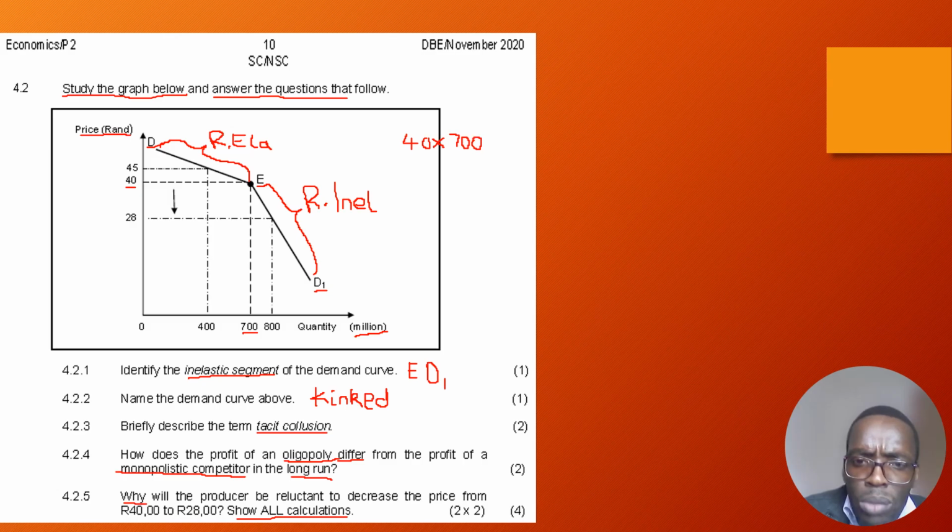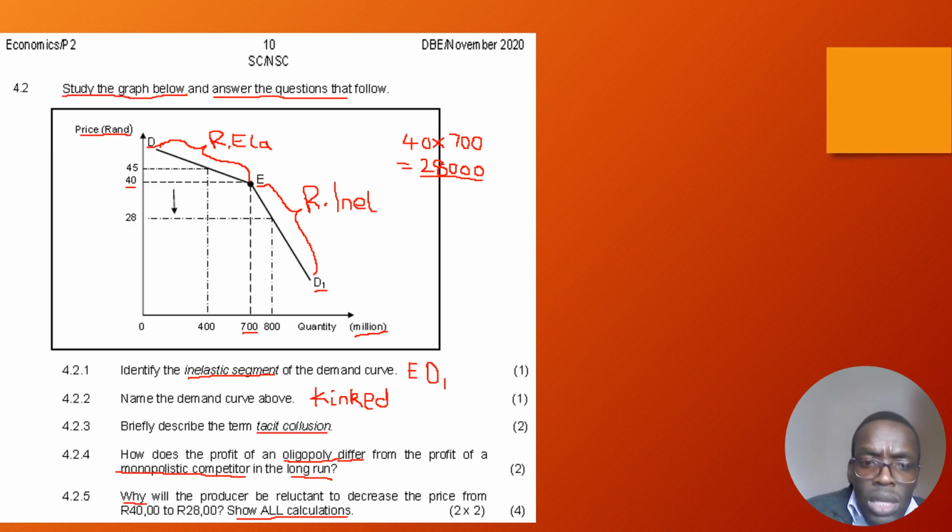If they don't make more money, then it's going to be a problem. So it's 40 times 700, and if you do that on your calculator, your answer is 28,000. Okay, that's the first part.